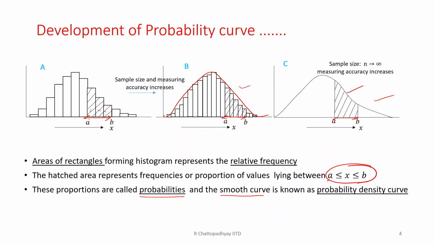If we know the function that represents the equation of this outline, which is representing the probability density curve, then we can easily integrate between the two limits A and B to find out the area between A to B, and that will be the probability that the x value is going to take between A to B. This is how we can visualize the development of the probability curve.